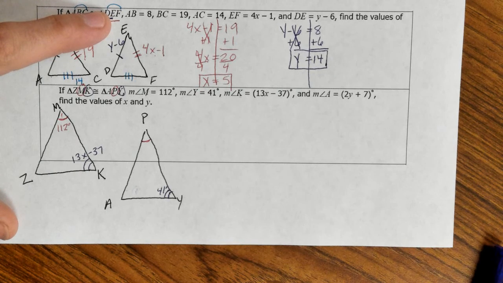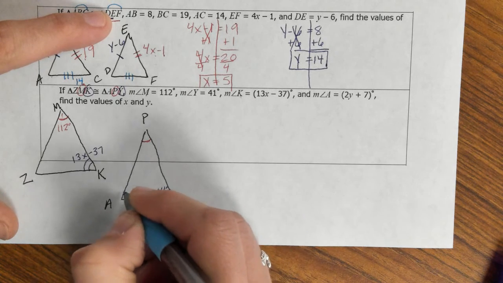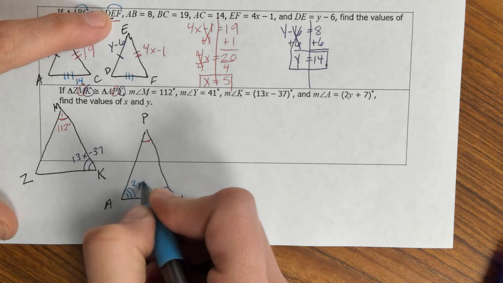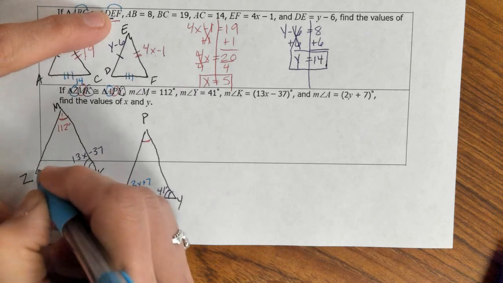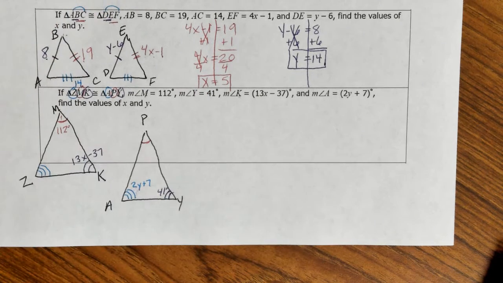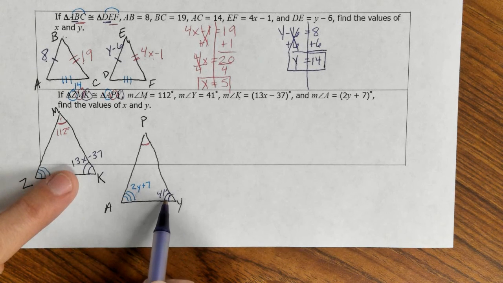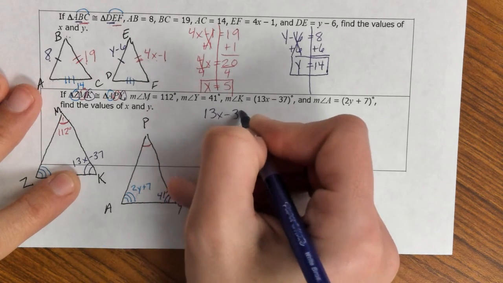And the measurement of angle A over here is going to be 2y plus 7. A will correspond with Z. So when we want to solve, we want to find x and y. X we can go ahead and find because we have something for both of these. So we have 13x minus 37.